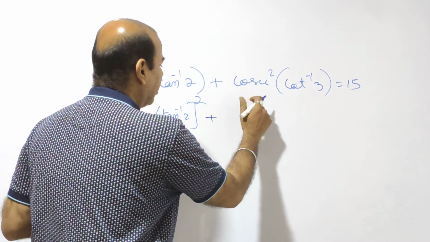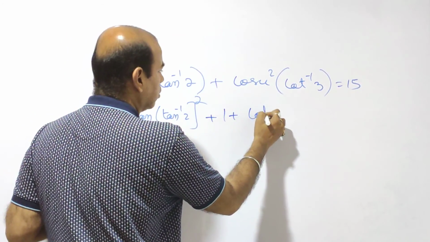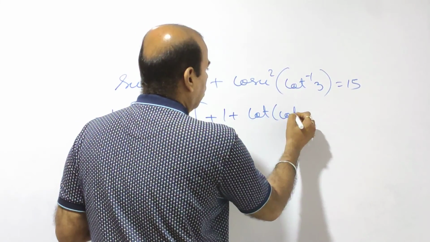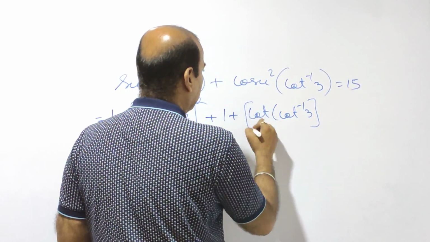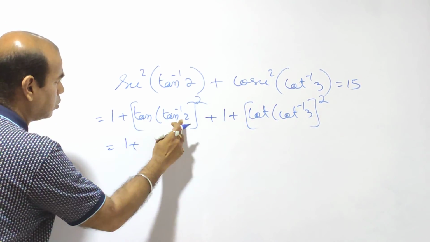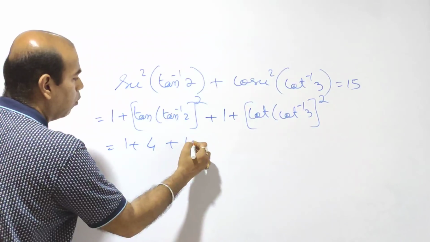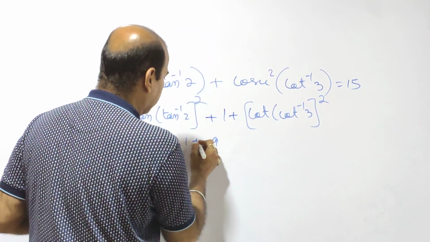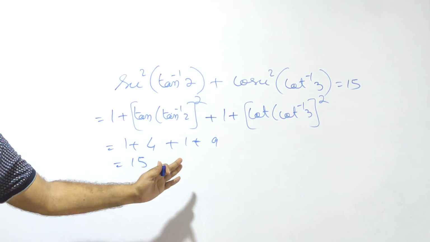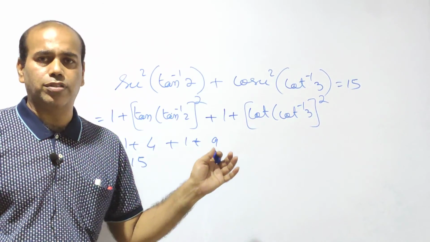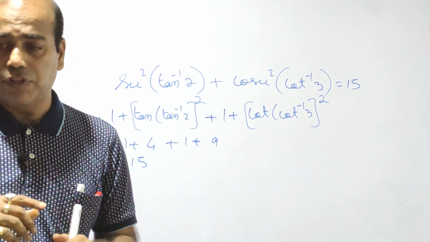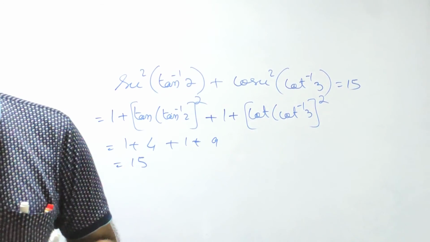Same way, this is cosec square theta, 1 plus (cot inverse 3) whole square. So tan inverse and tan is cancelled. So 1 plus 2 square, which is 4, 1 plus 3 square, which is 9. So 10, 14, 15. That's the proving. Such a nice question it is, students. Please see what a nice question it is. Let me do some very important proving.